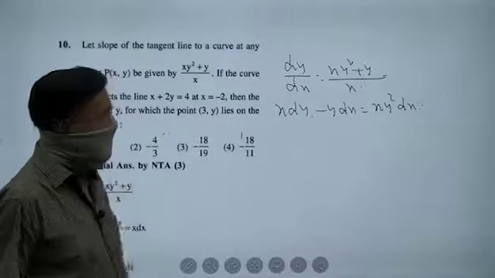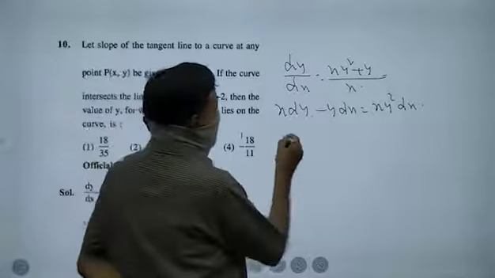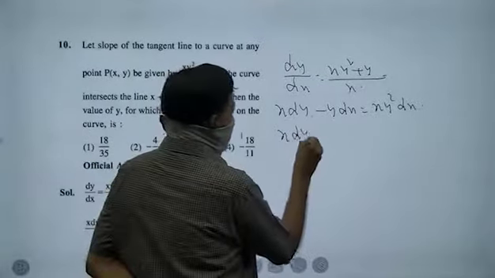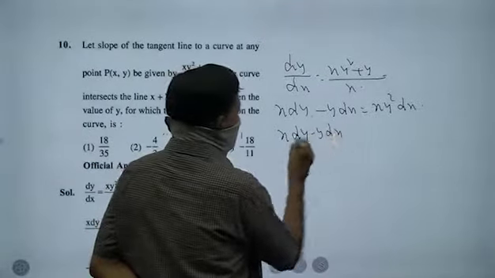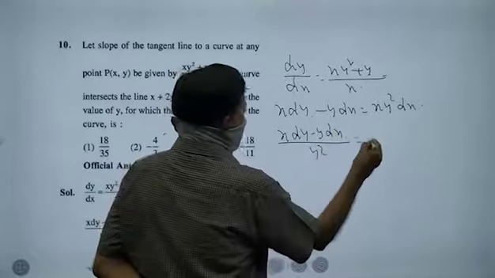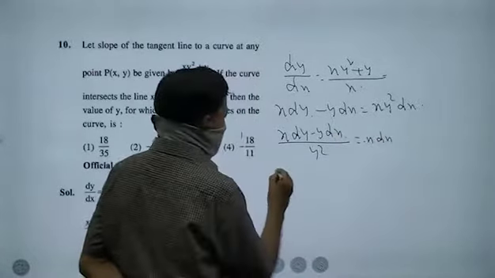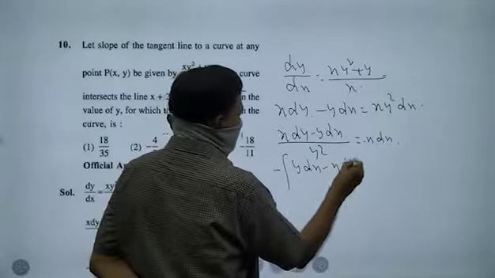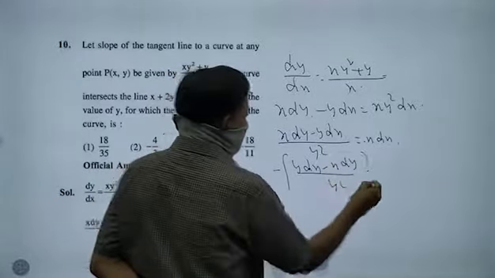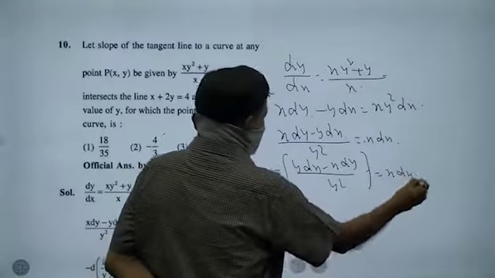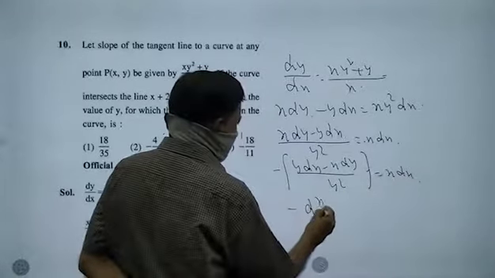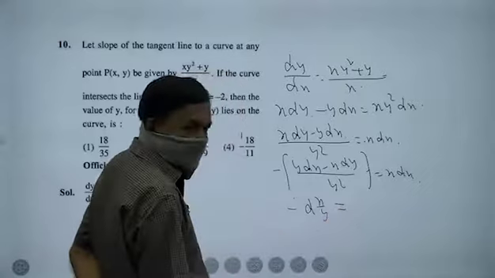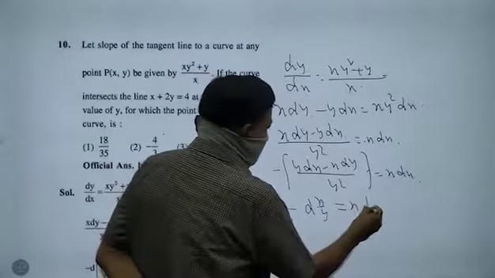So x dy minus y dx by y square is this. Then minus of y dx minus x dy by y square is this. This is minus d of y by x... that is, minus d of (x by y) is equal to x dx.